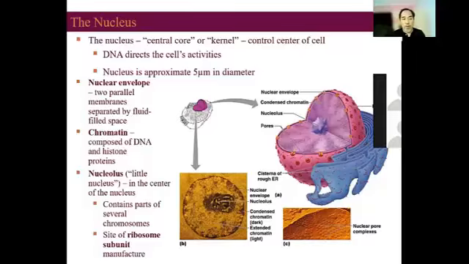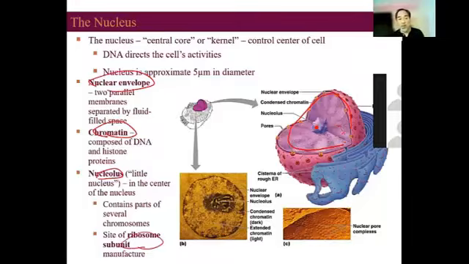It has a covering on the DNA in the nucleus called the nuclear envelope. And within that area of the nucleus are strands of chromatin material, chromatin. And then in the middle is called the nucleolus. It's also called a little nucleus. And the main function of this is the production of ribosomes.